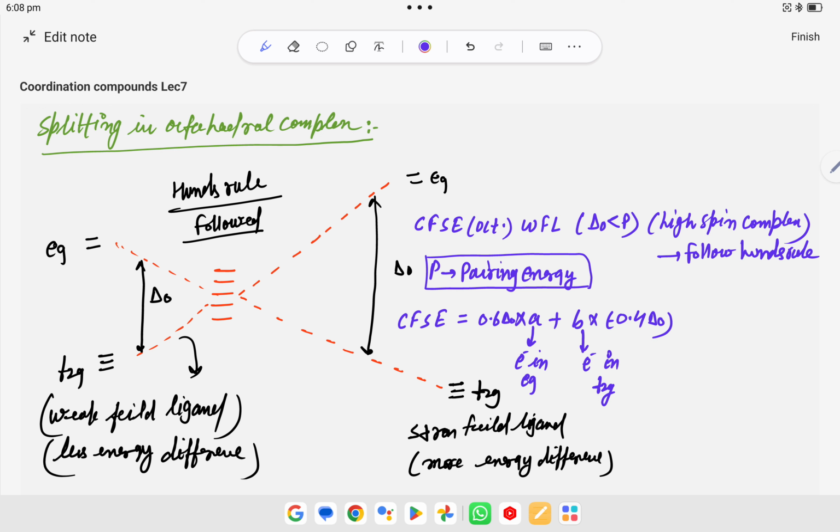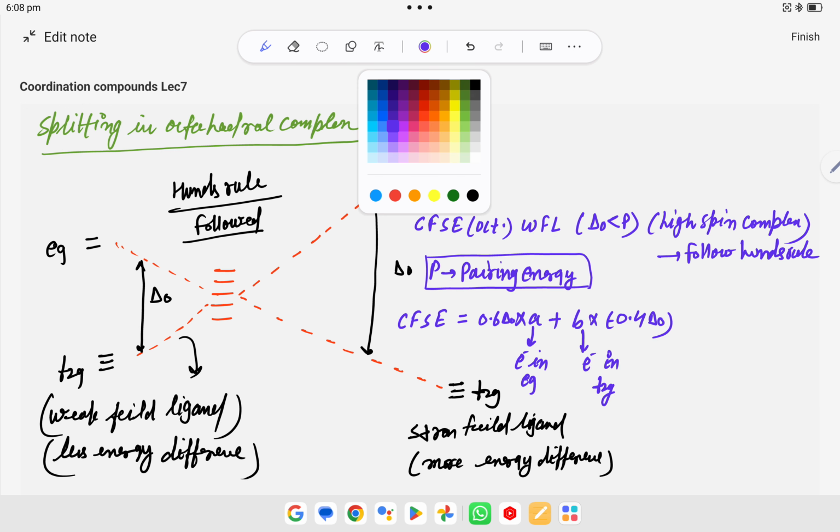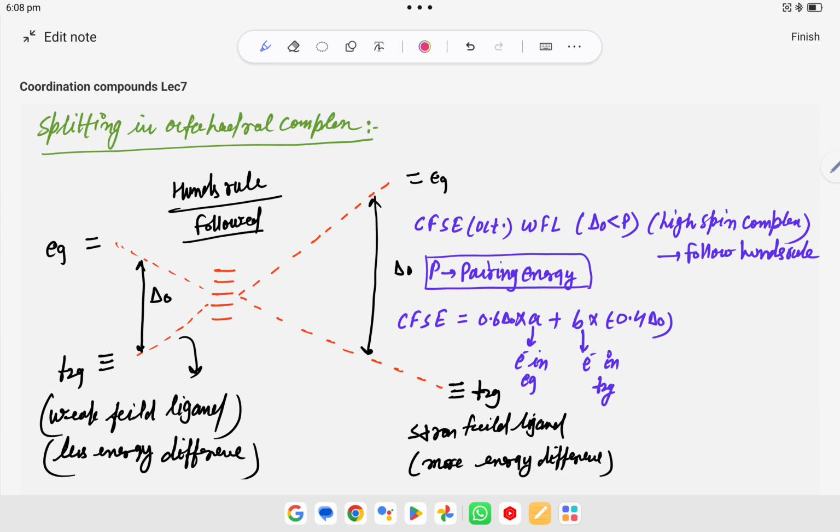Okay. Second concept, crystal field splitting energy for SFL, strong field ligand. Here delta naught is greater than P, pairing energy.